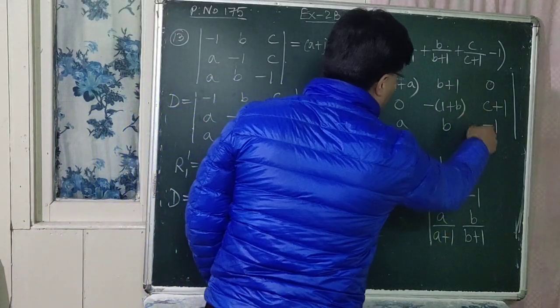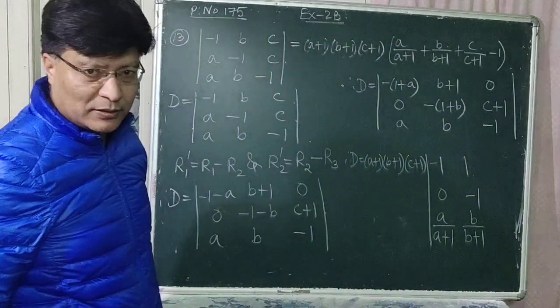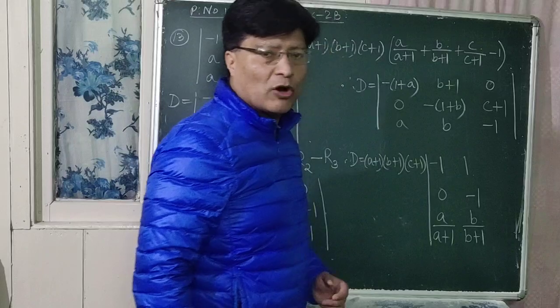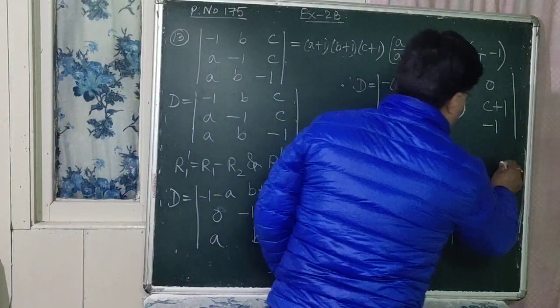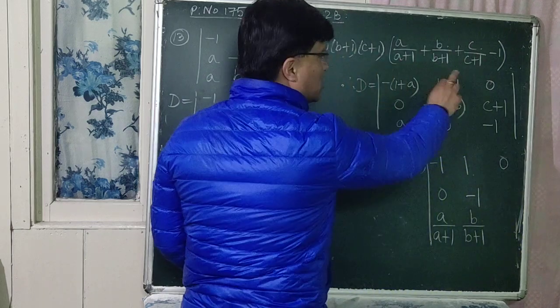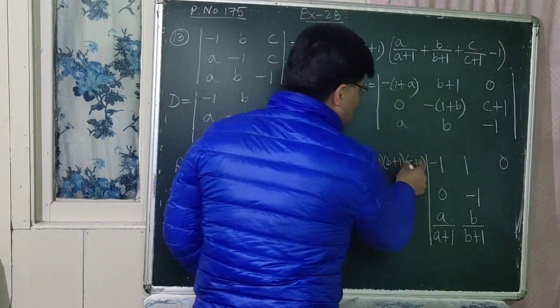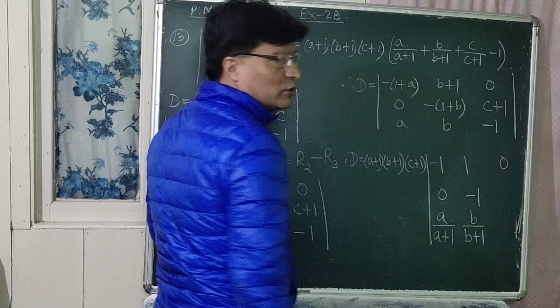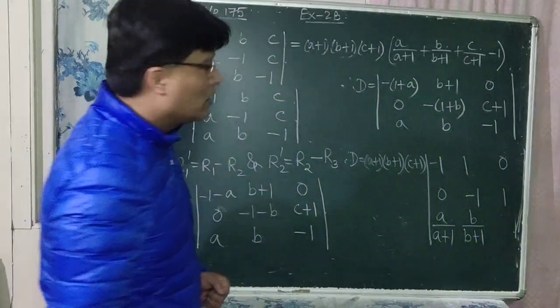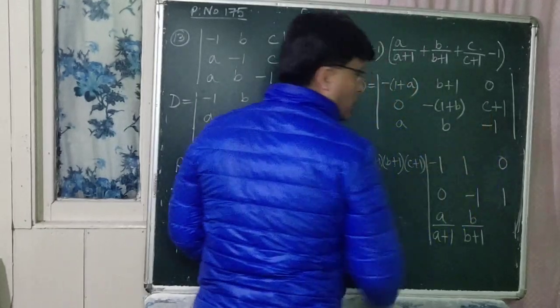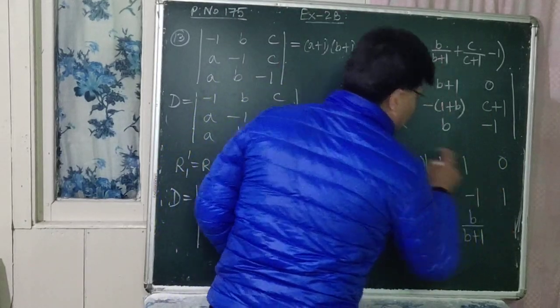Next, what is the third column now? From the third column also C plus 1 is taken common. C plus 1 is already taken common here. So what will be the new third column? It is 0, because 0 by C plus 1 is always 0. C plus 1 common, so this becomes 1. And what is the term here?